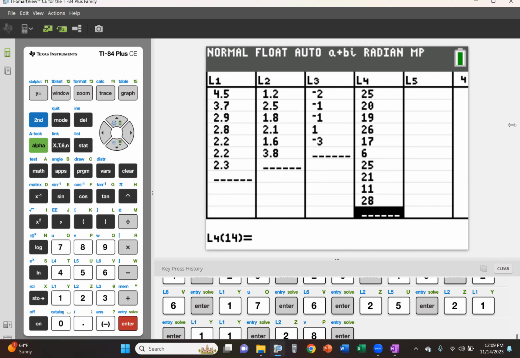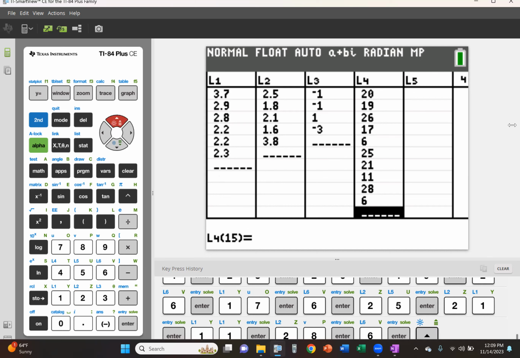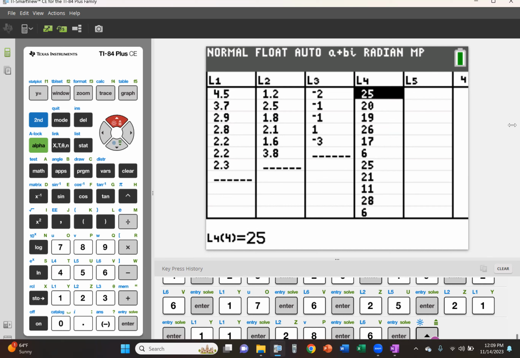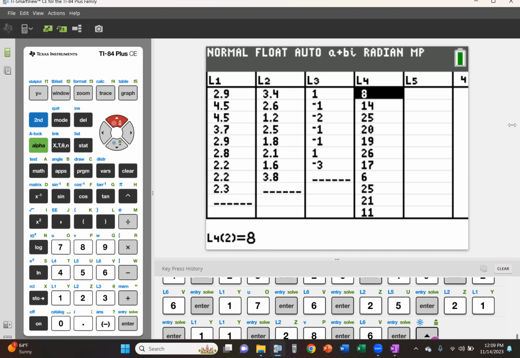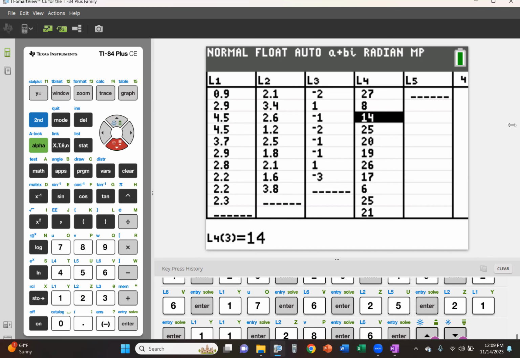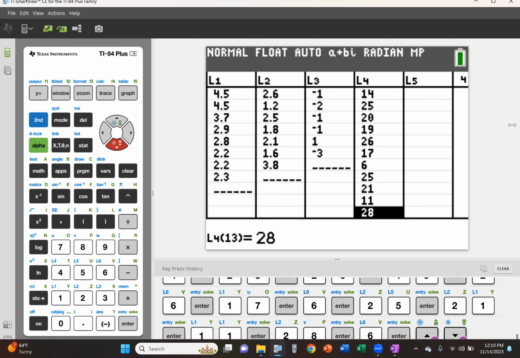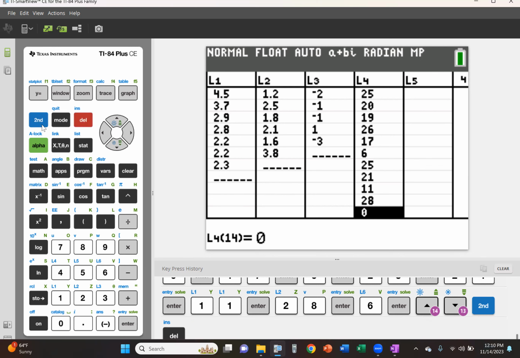Okay, last number. Let me make sure I have all those in. So I'm just going to scroll back up, make sure I have all that data in. So 27, 8, 14, 25, 20, 19, 26, 17, 6, 25, 21, 11, 28, and 6. So I'm good to go. So I'm going to get out of here. Well, it helps if you hit the right button.